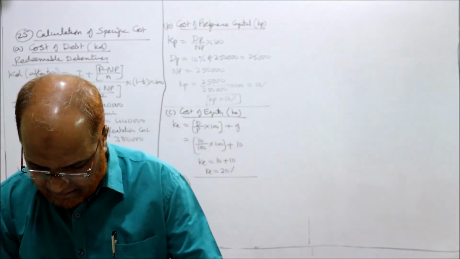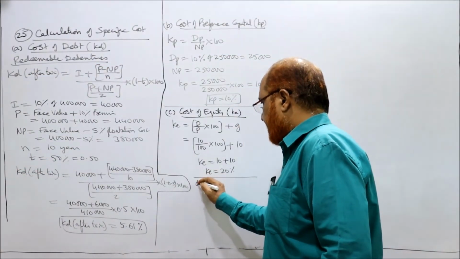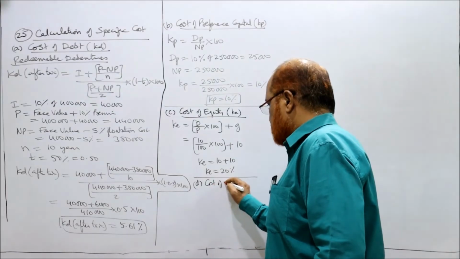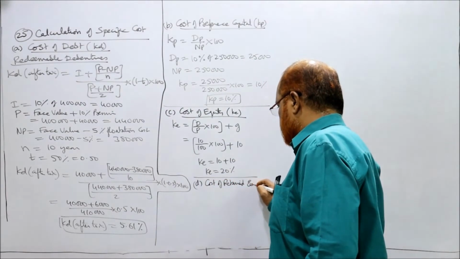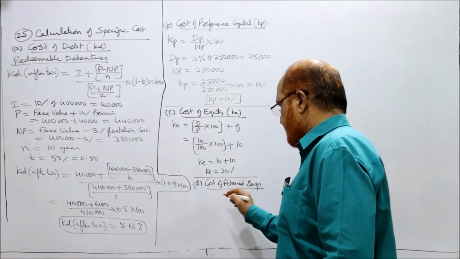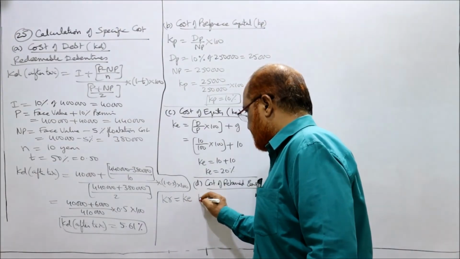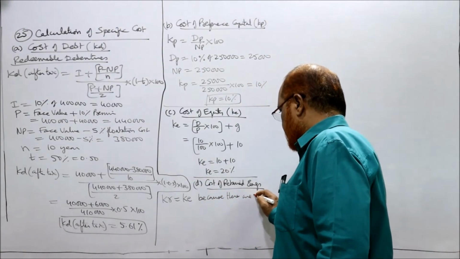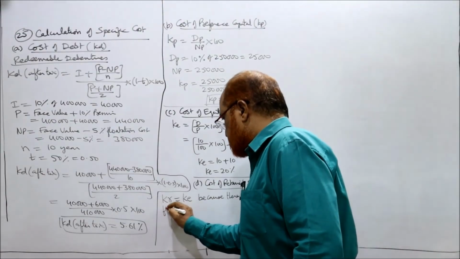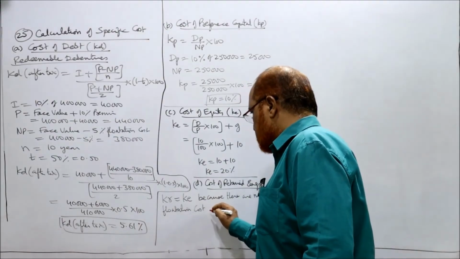Now we calculate KR, cost of retained earnings. KR is equal to KE because there are no flotation costs.